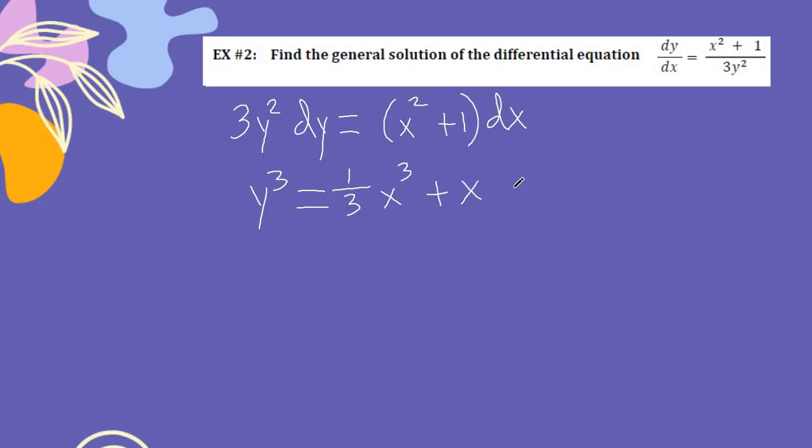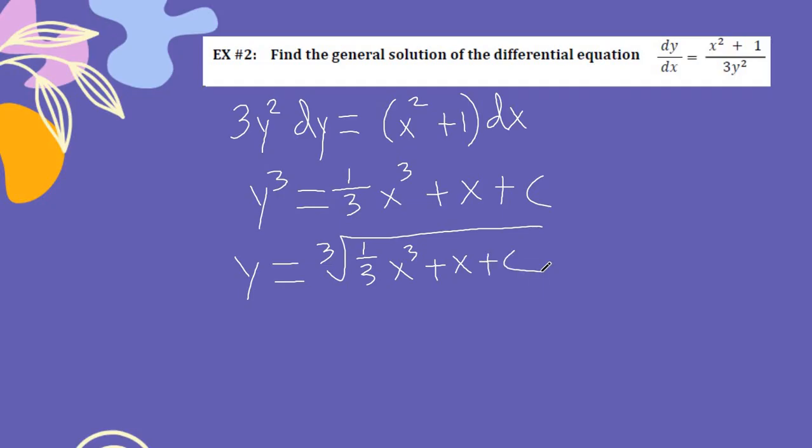And then I have a plus c. Again, I have a cube, so technically this one's not too bad. If I wanted to solve for y, I would just take the cube root of all that stuff. Questions on that?